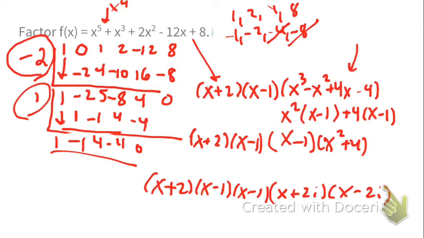If you set it equal to 0 and solve, you would get that your zeros would be 2i and negative 2i, so we could write them as factors. And there you go. That's the linear factorization of f of x. So we used synthetic division, we used upper and lower bound rules, and we factored when we saw fit.